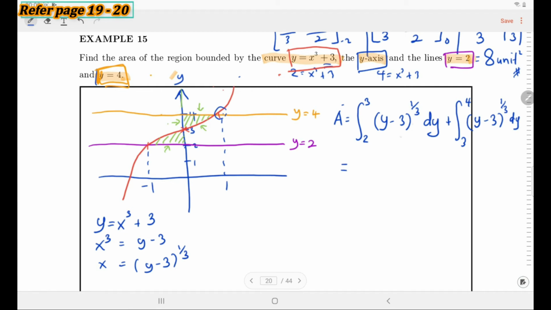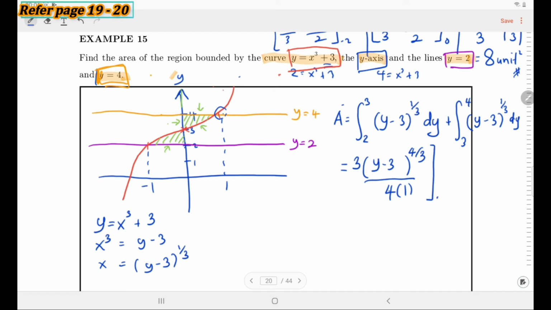Straight away, we're going to integrate this function. So y minus 3 to the power of 1 over 3 becomes y minus 3 to the power of 1 over 3 plus 1, which is 4 over 3, divided by 4 over 3. This is linear, ax plus b, so we take a as 1.